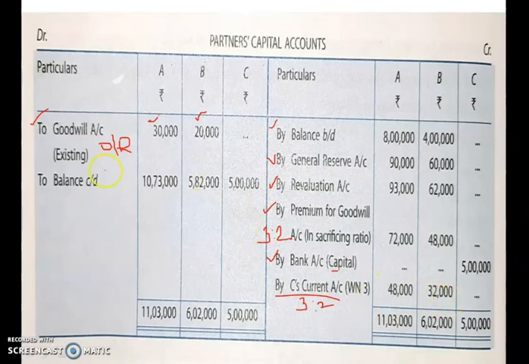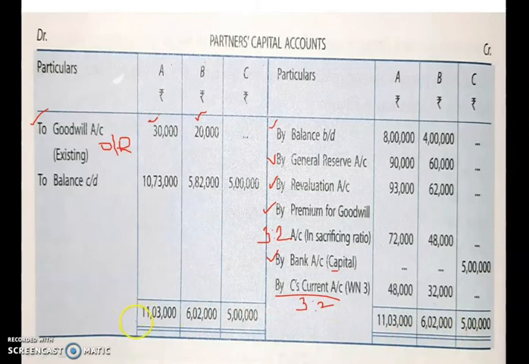Okay, so see children, all the transactions related to the partners' capital accounts have been posted. Now what you have to do is make the total of each of these columns. You can find that your credit side is more. A's total amount you are getting as 11,03,000, B's total as 6,02,000 and C's total as 5 lakh.